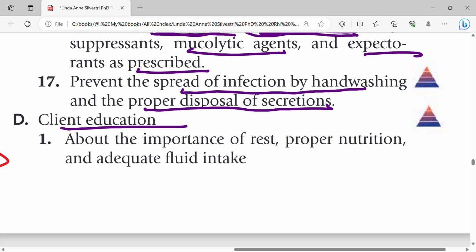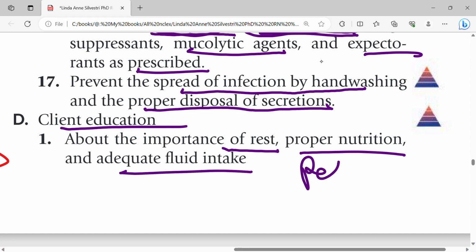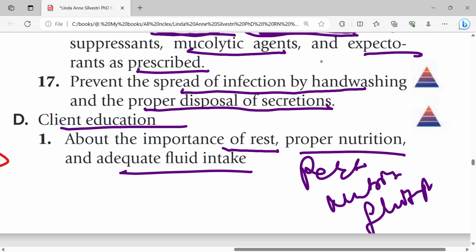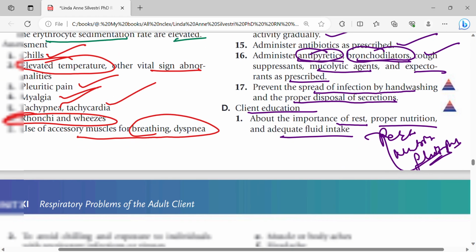And client education, what we will teach the client: the importance of rest, proper nutrition and adequate fluid intake. So rest, nutrition and fluid intake, this is the main thing.